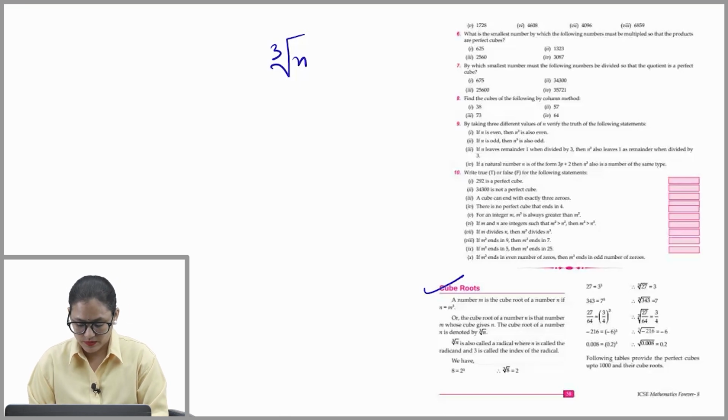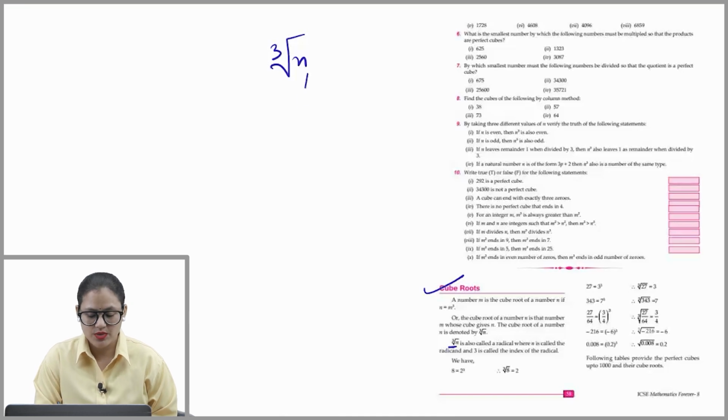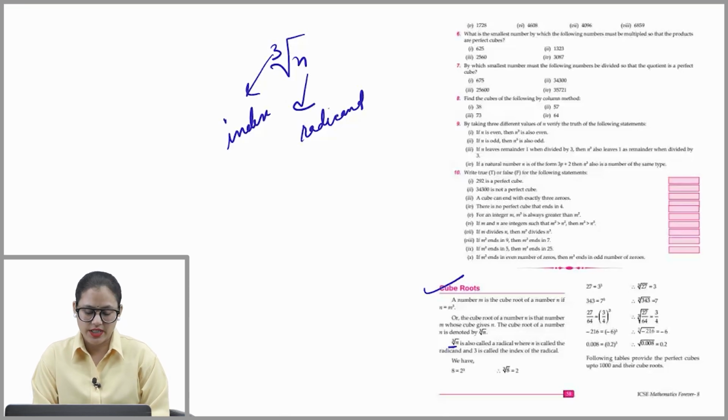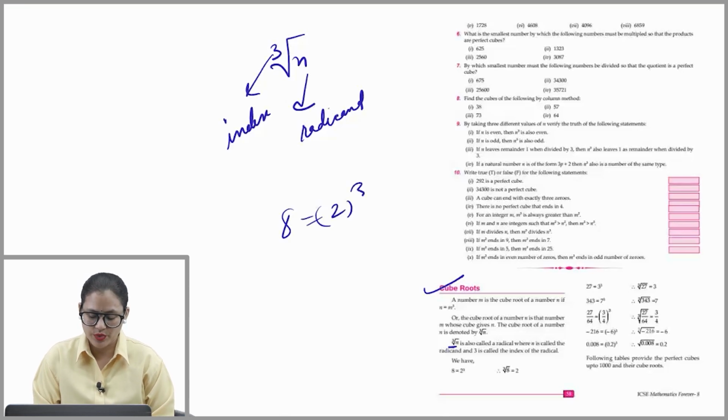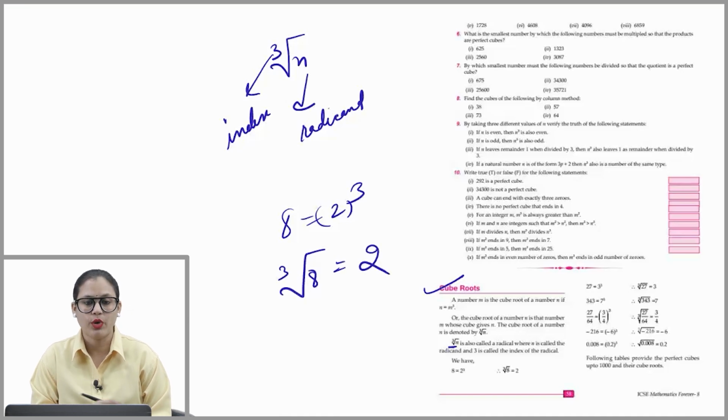This is also called a radical, where n is the radicand and 3 is the index of the radical. So we have 8 equals 2 cube, or you can write the cube root of 8 is 2, right? Similarly, 27 equals 3 cube, and the cube root of 27 is 3, okay.